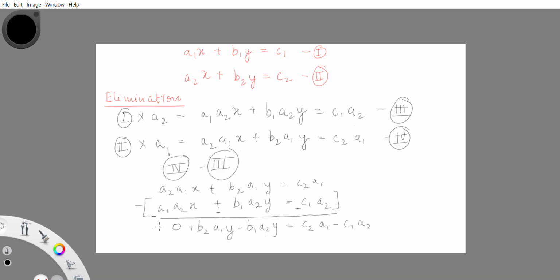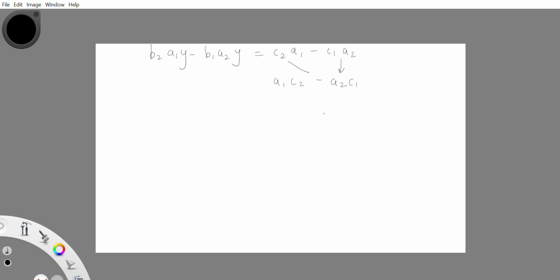Now we're going to copy this same value on the next page. So I have b2 a1y minus b1 a2y is equal to c2 a1 minus c1 a2. Now I can write the right-hand side as a1 c2 minus a2 c1.